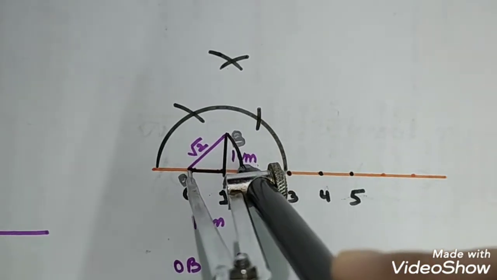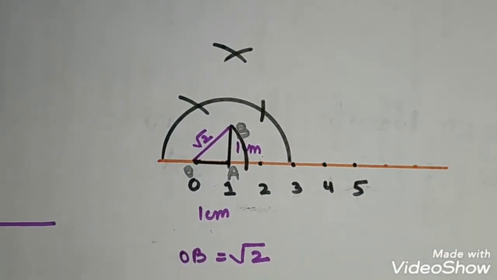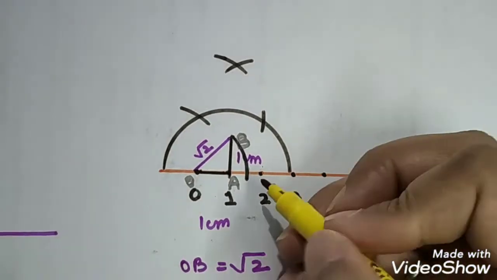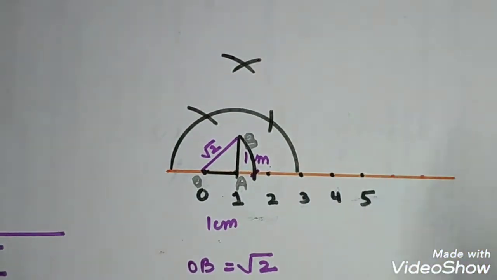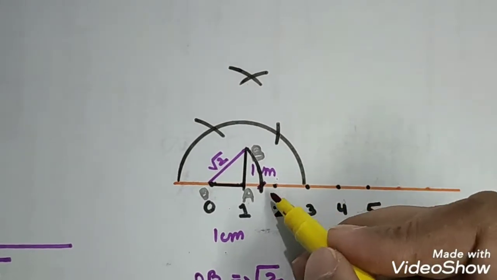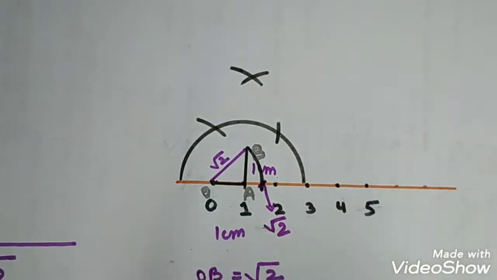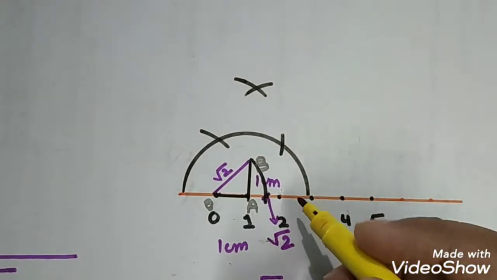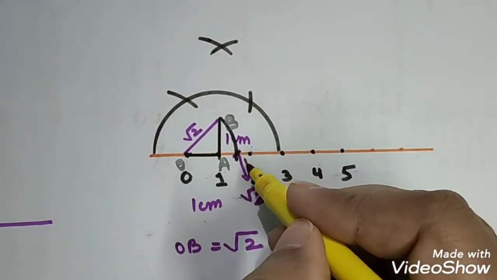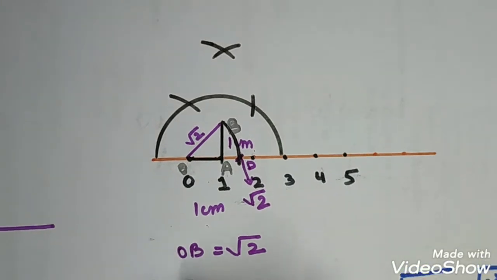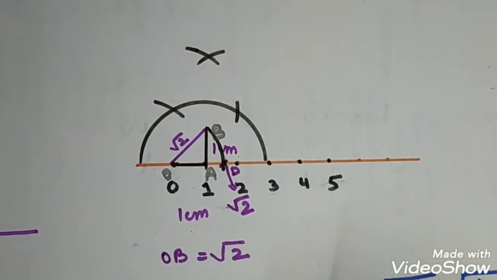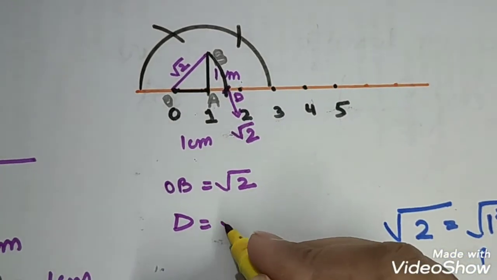You have to mark an arc. Look, this mark on a number line is representing what? Square root 2. Name it D. So D is what?